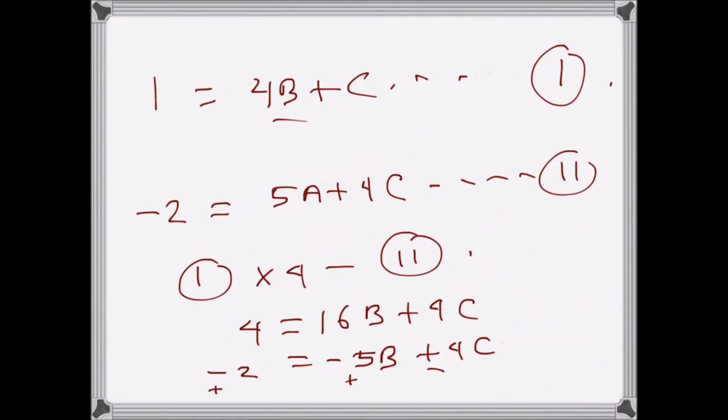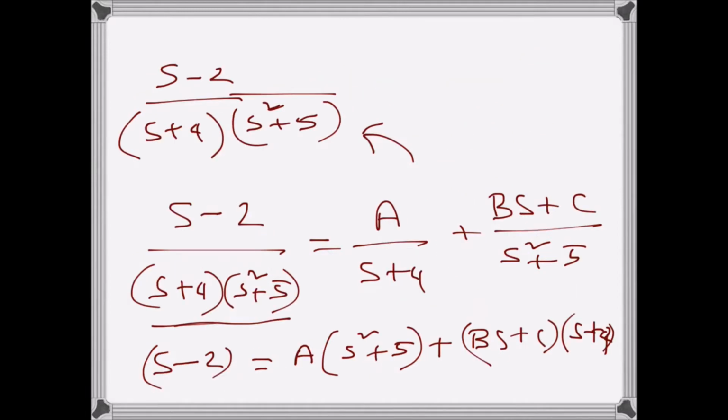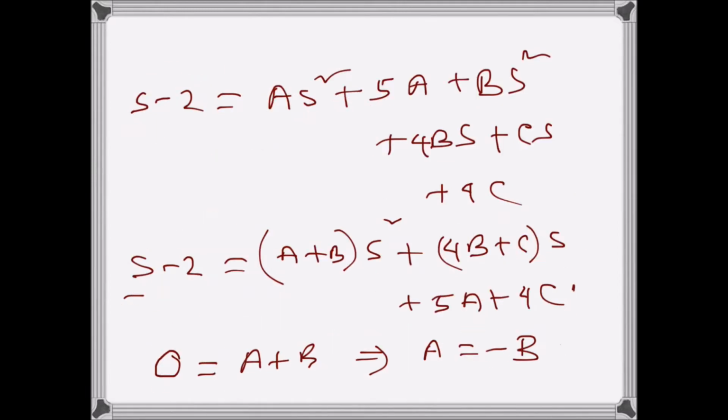So the right hand side becomes A over s plus 4, so that will be minus 2 over 7(s plus 4), plus we will write Bs.